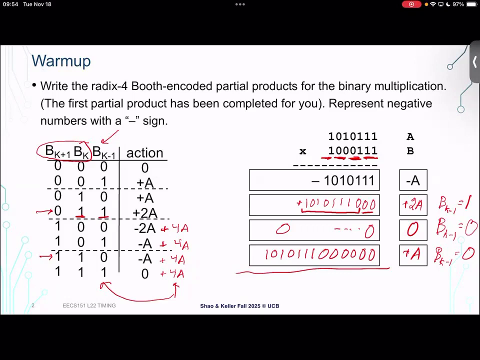We're not going to talk about that more in lecture, but just keep in mind that it's one little nugget of complexity that you have to handle with Booth encoding. It turns out to be not that expensive, is the TLDR, to handle adding up the negative partial products.